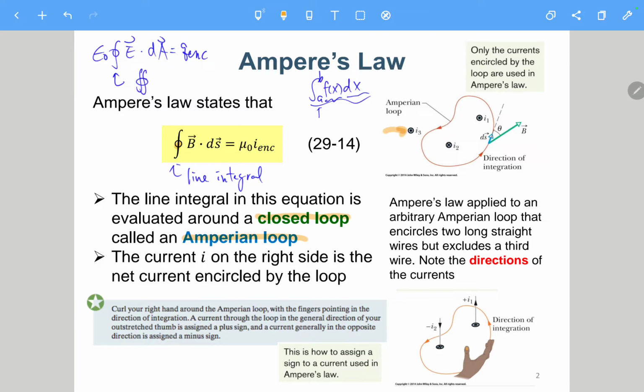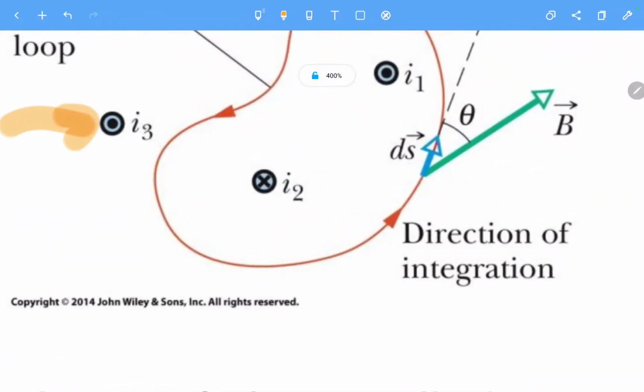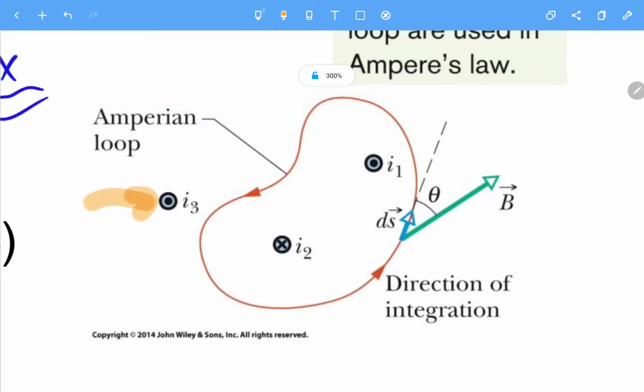Let's see what this line integral means. In the space there is a B field. The B field is not necessarily uniform, and in most cases it's not uniform. This is the path we define, and we separate the path into many segments.